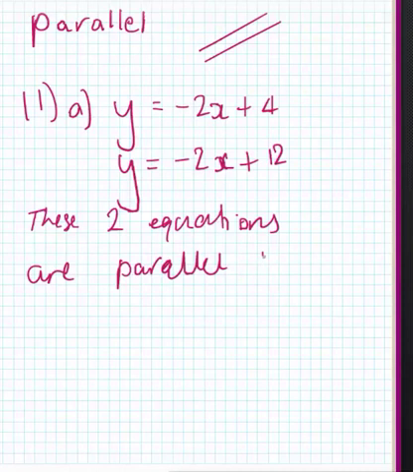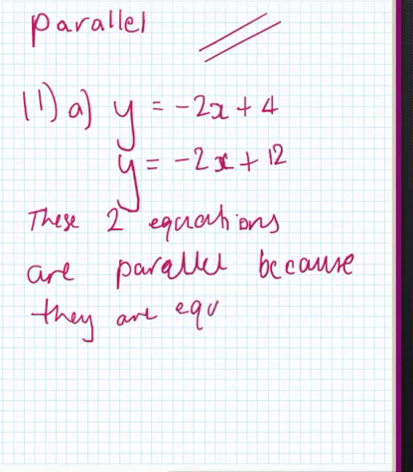You can't do any working out, but just state it. Because they are the same, or they are equal. That's fine. That shows me, or your teacher, that you haven't just said yes or no, they're parallel. You've actually explained that you understand.